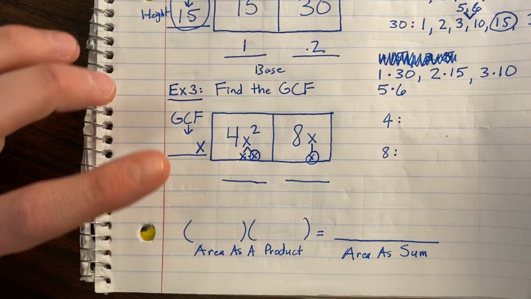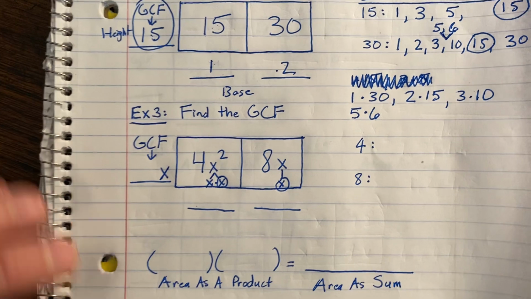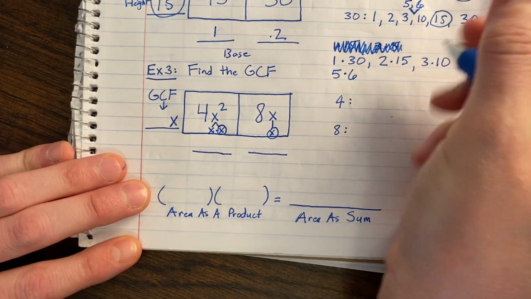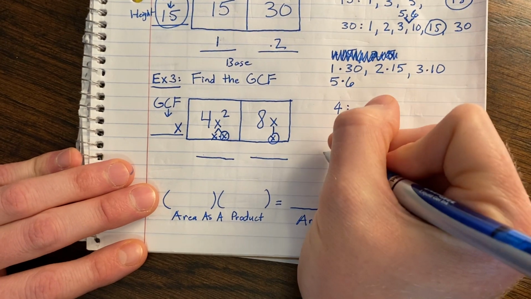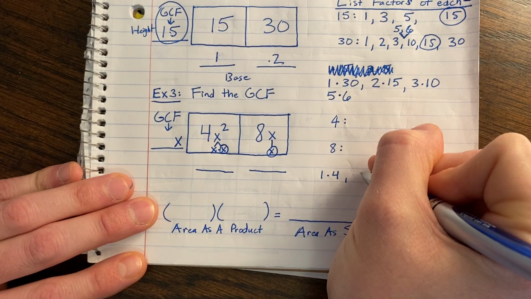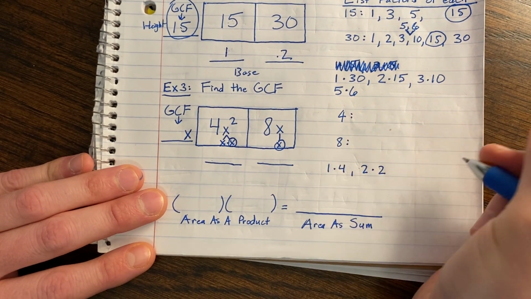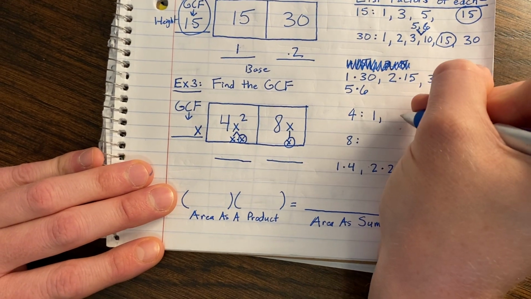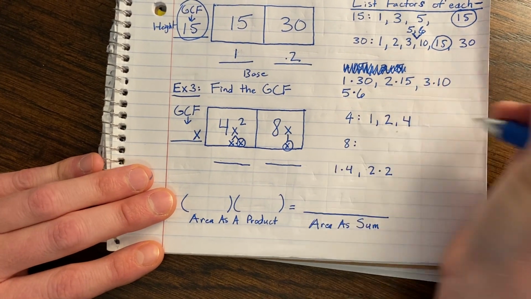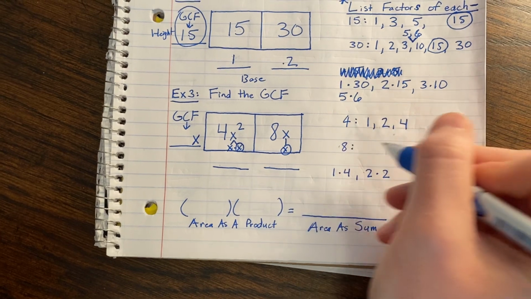So we take care of the variables right away and get that out of the way. So part of your greatest common factor is going to be x. Then we just look at the numbers. Well, 4, we have 1 times 4, and then 2 times 2. So we have 1, 2, and 4. Let's look at 8.